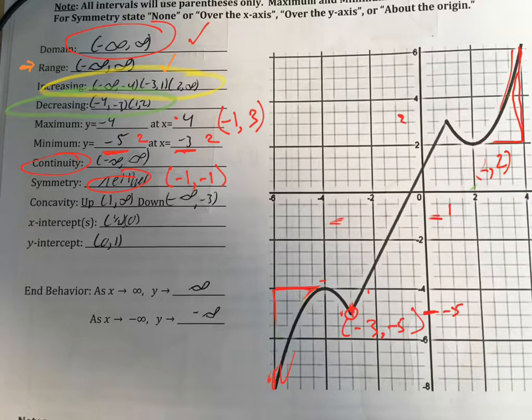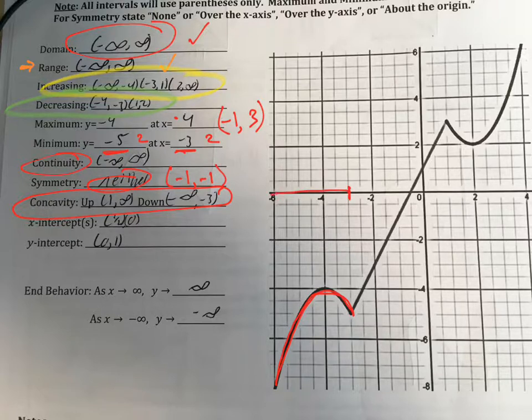Concavity, concave up and down, is basically where the tricky part to this is you haven't really learned some rules of calculus, so I don't know if he wants the exact value, but you can see that there's concavity here. So that section is where it's concave.